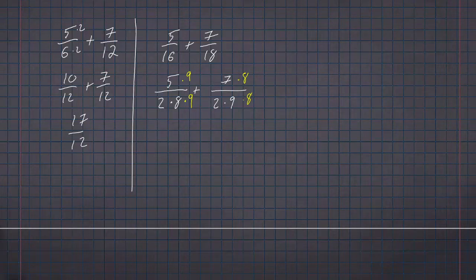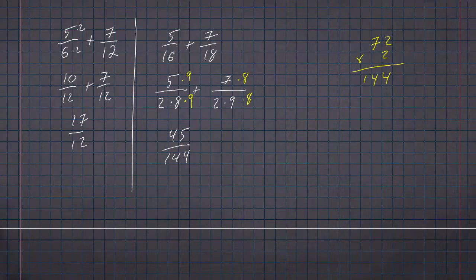Right? And in fact, that also makes my life easier here because I know that 8 times 9 is 72. And 72 times 2 is a lot easier to work through than 16 times 9 or 18 times 8. 72 times 2 is 144. So we get here, 5 times 9 is 45.